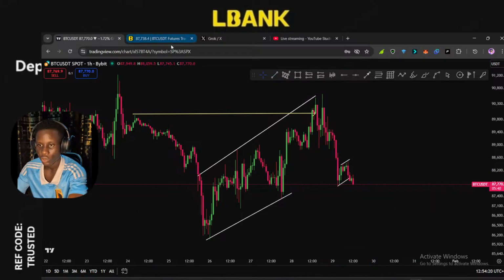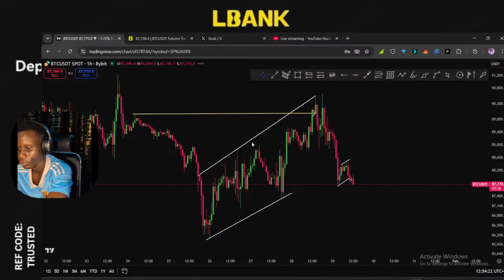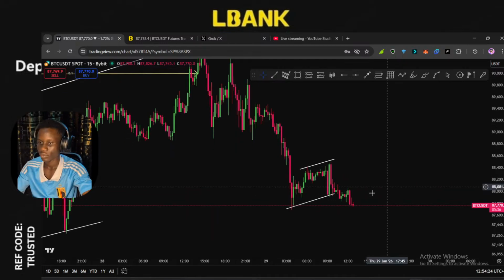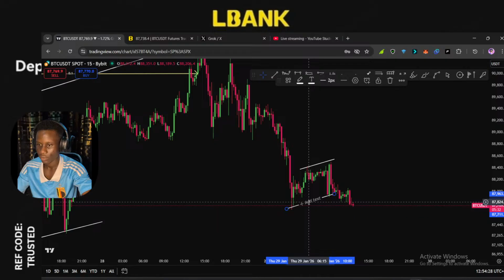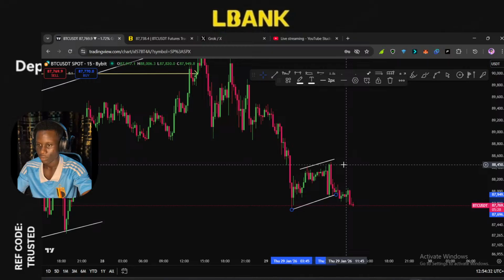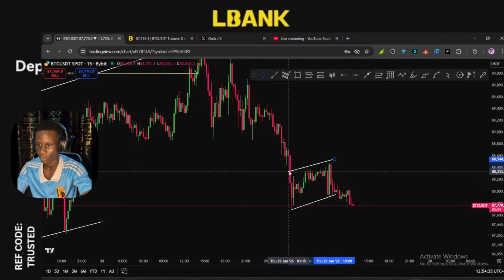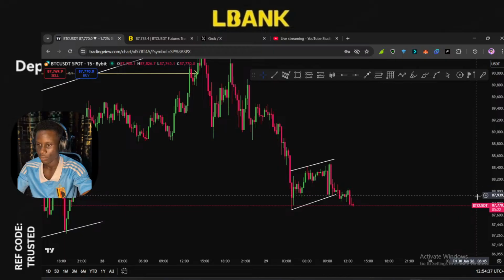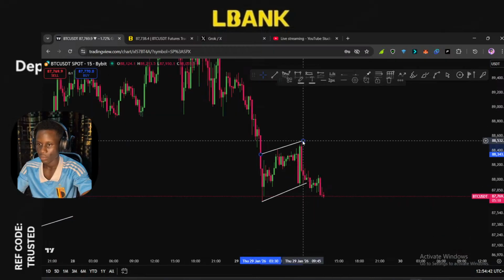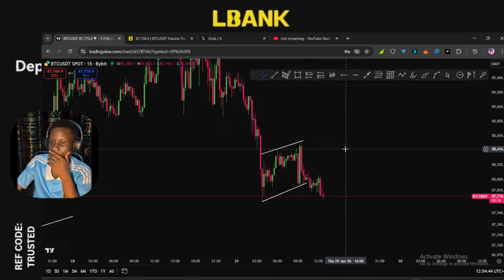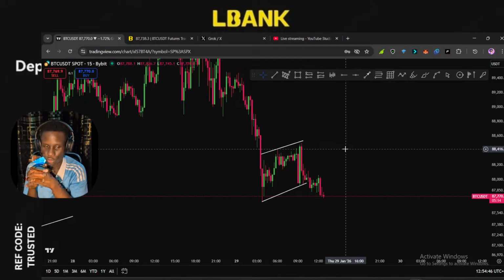So let's go to the 15-minute time frame. Okay, so this is how to do your position sizing and stop loss placement.